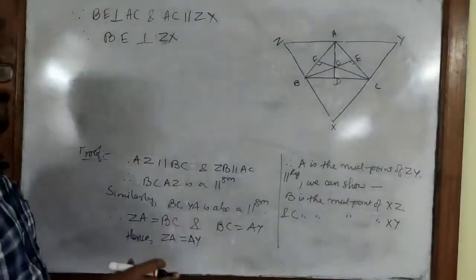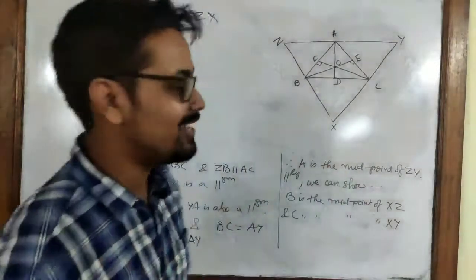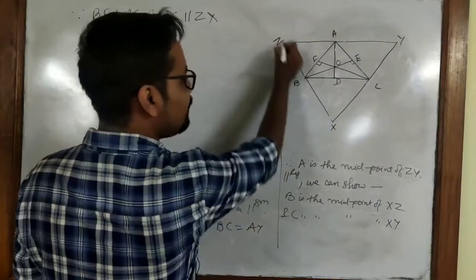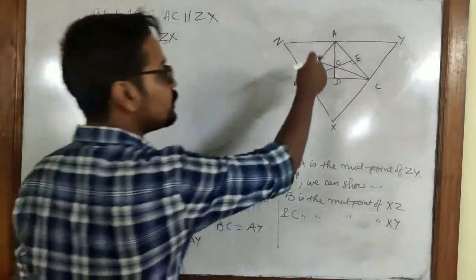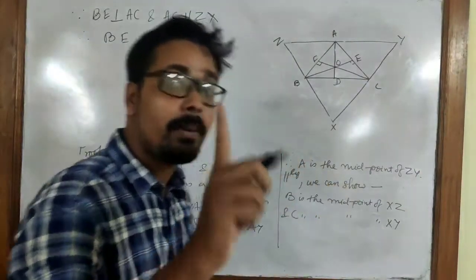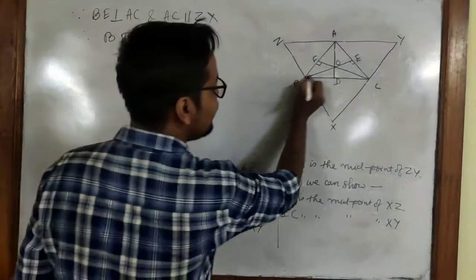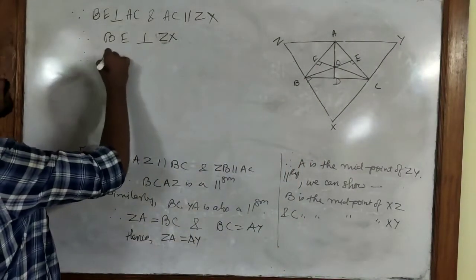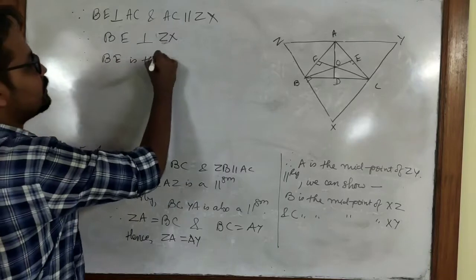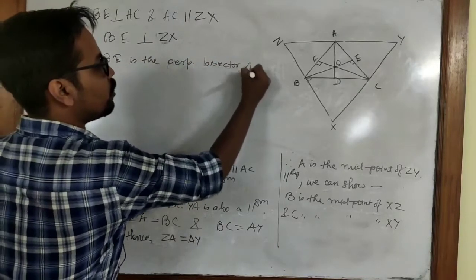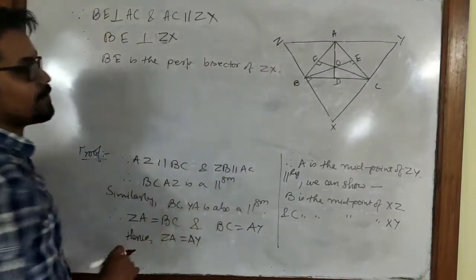That means B is the midpoint of ZX and also the perpendicular. So it is the perpendicular bisector. Remember theorem 1, perpendicular bisector. Therefore BE is the perpendicular bisector of ZX.